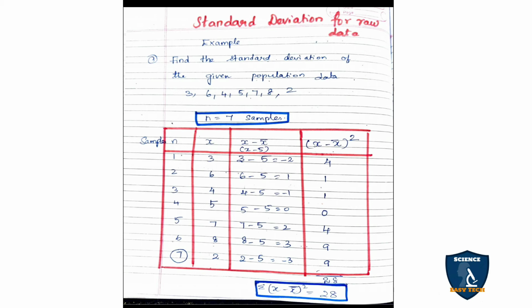So first step is find n: 1, 2, 3, 4, 5, 6, 7. Totally there are 7 samples, so n is equal to 7.